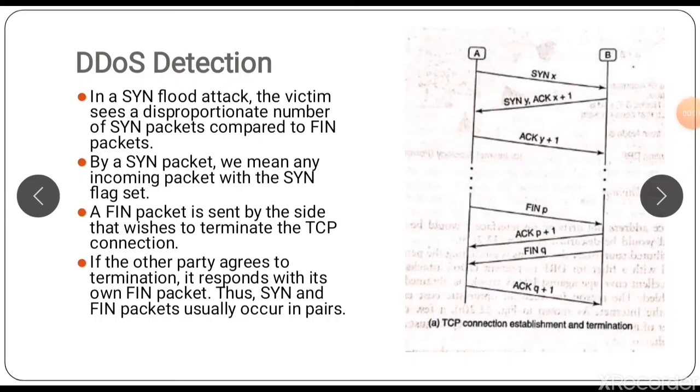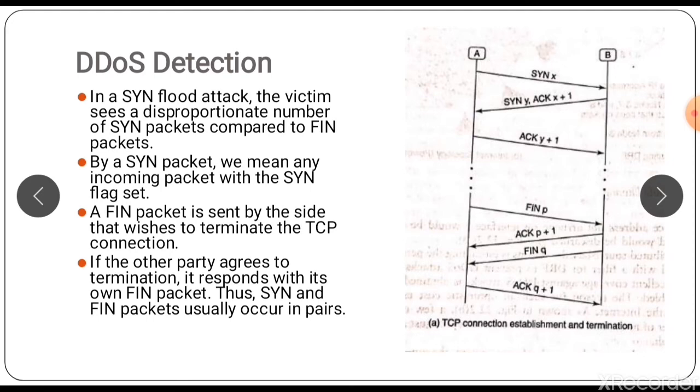Let's see how distributed DoS detection will work. You can see in the figure, in a SYN flood attack, the victim can see a disproportionate number of SYN packets compared to FIN packets. By a SYN packet, we mean any incoming packet with the SYN flag set, and also we know that the packet is a TCP connection request packet.